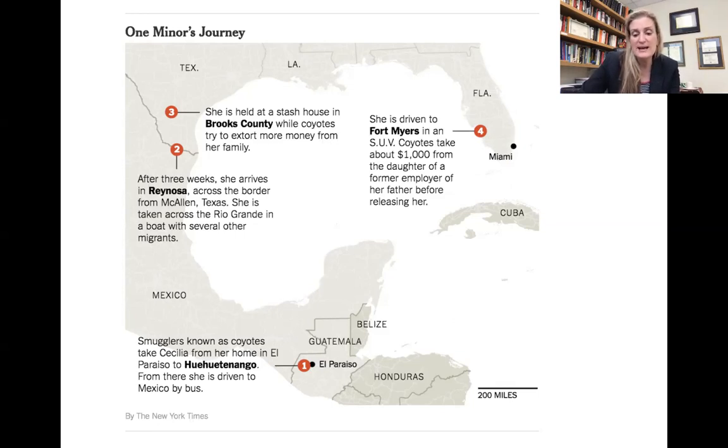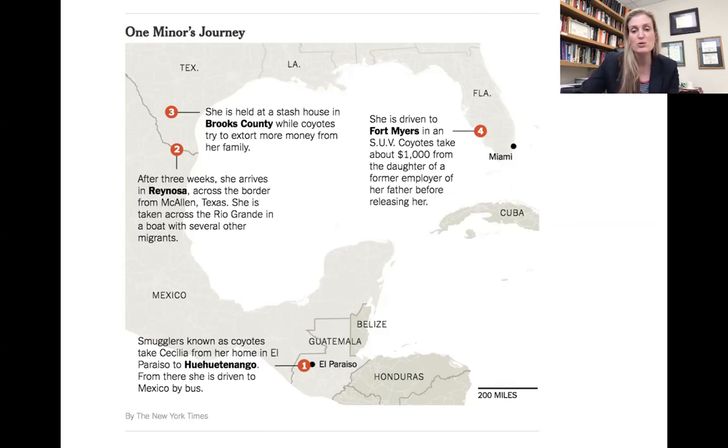So the CIA-backed overthrow happens in 1954. And the Scorched Earth campaign is in the early 1980s. The Scorched Earth campaign is when that 36-year civil war turns genocidal. That's when Rios Montt, who was the general president of Guatemala at the time, began to implement genocidal policies against the Maya people.